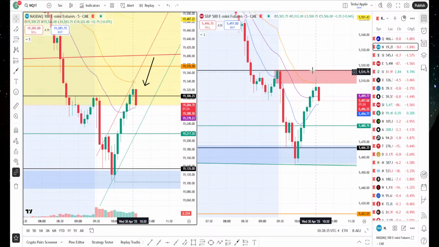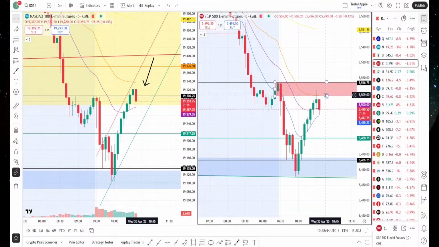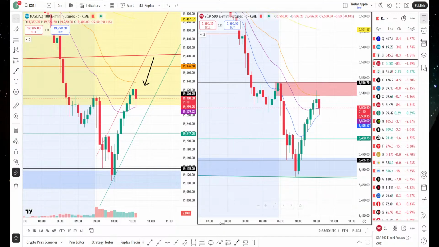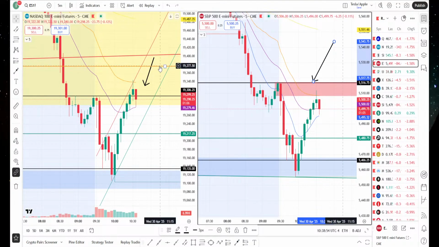There's sellers hitting on the ES. We see that they're rejecting this supply zone. So I would like selling here. Well, this looks like a better selling setup than it does here on the end.